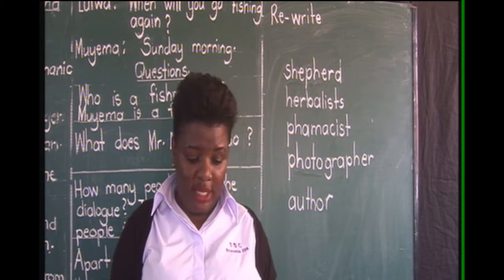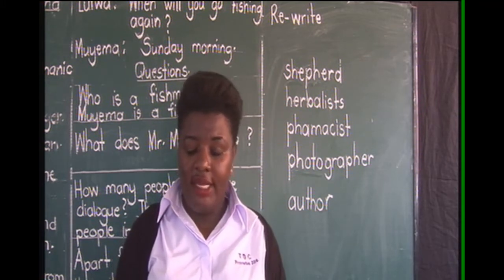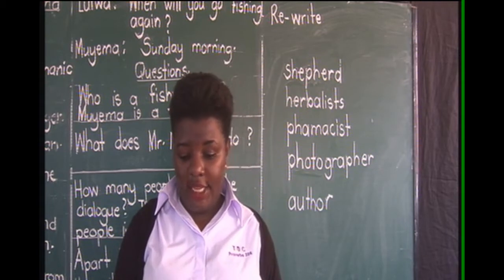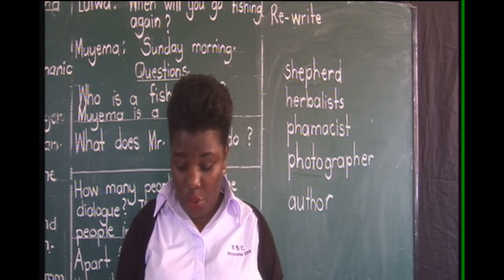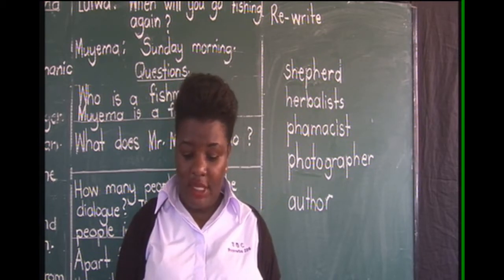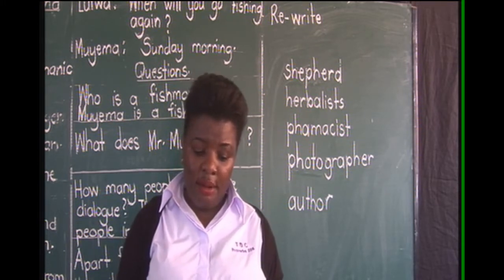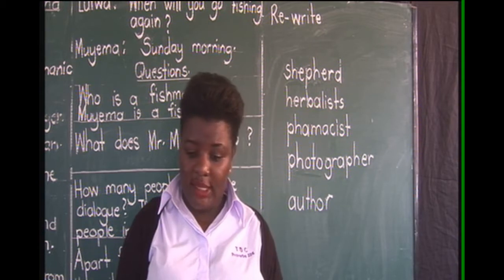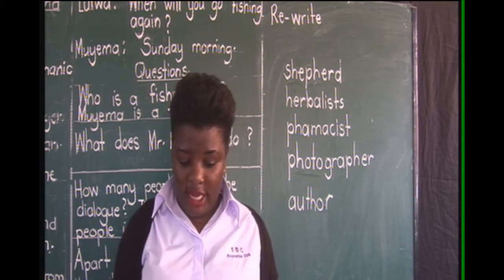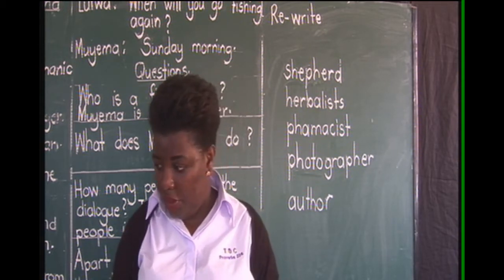Now, the first one, that is letter A. I saw a man who treats people's eyes. The underlined words are man who treats people's eyes. How do you call the person who treats people's eyes?